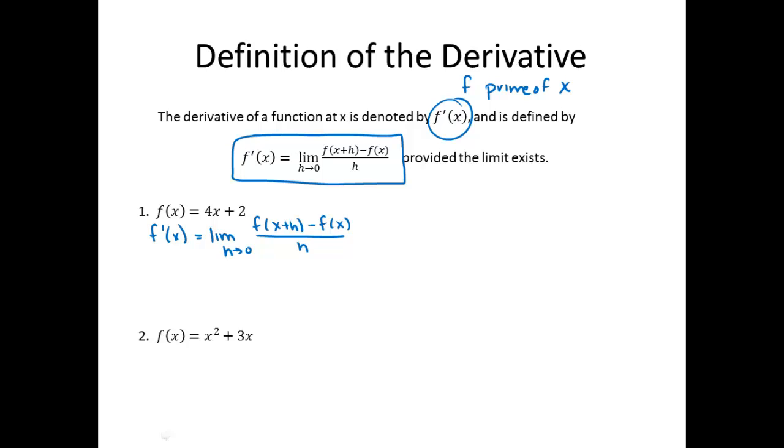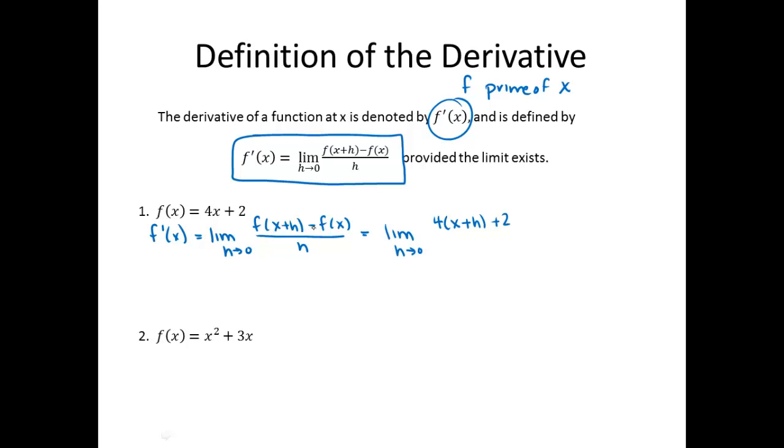Now I will start substituting. Just as we did on the previous page, I'm going to take this f of x plus h, I'm going to put the x plus h inside. I will write the limit as h approaches 0 every single time. And now I'm going to do my replacement. That is f of x plus h.